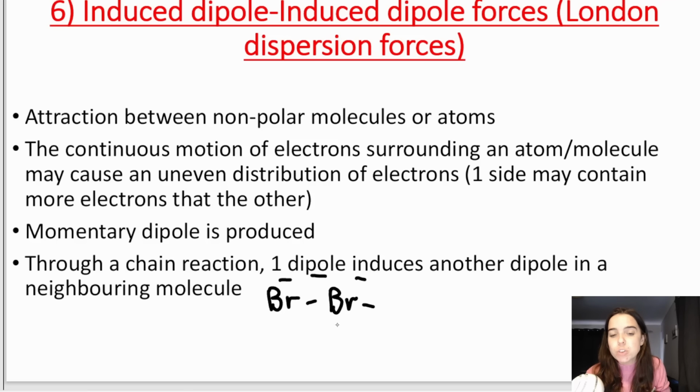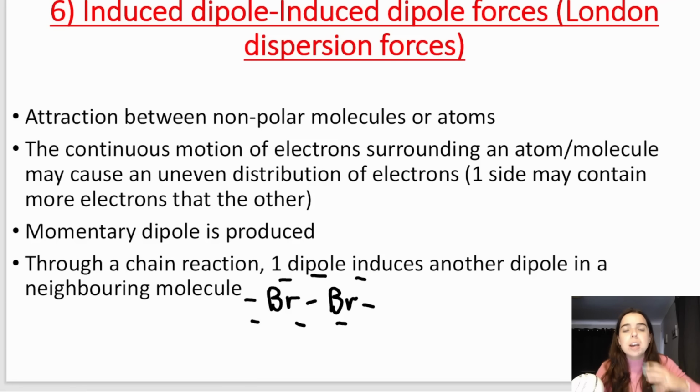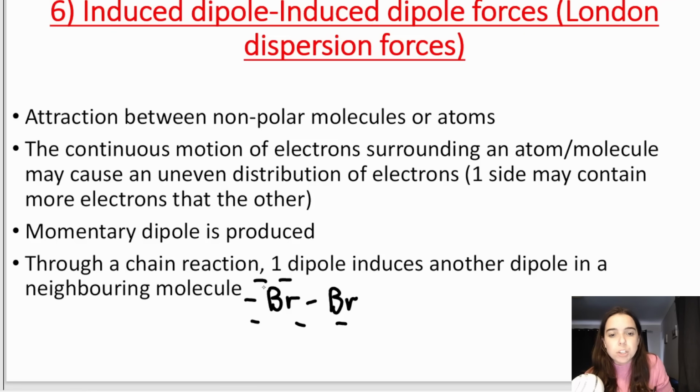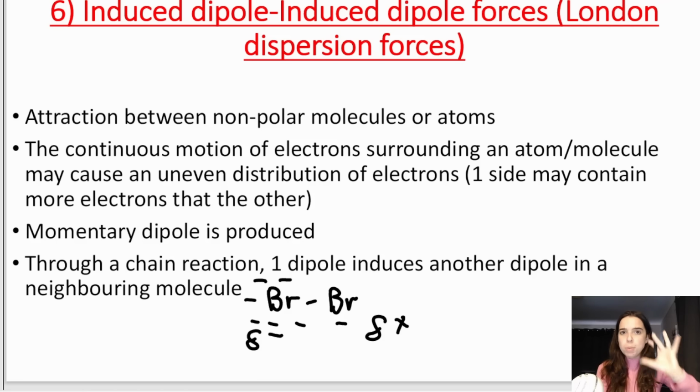So the little electrons are distributed evenly around them. But what actually happens is that over time, as time goes on, the electrons kind of move and fluctuate. So at any moment in time, say 1 second, they're all evenly distributed. The next second, this side of the molecule can have more electrons than this side, leaving this side more negative and this side more positive, but just for a moment in time. But when that happens, another little molecule comes along, and let's say it's this bromine.